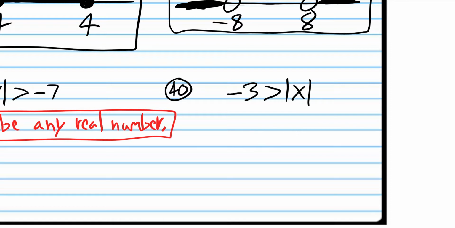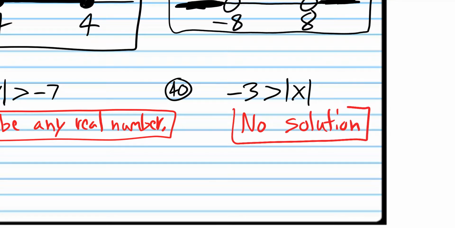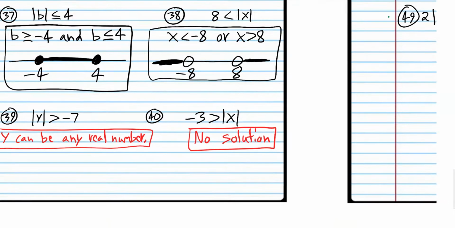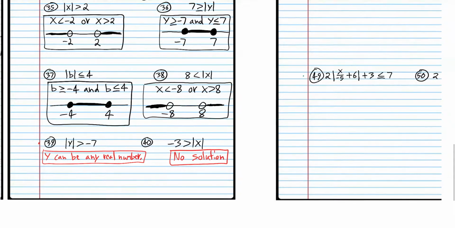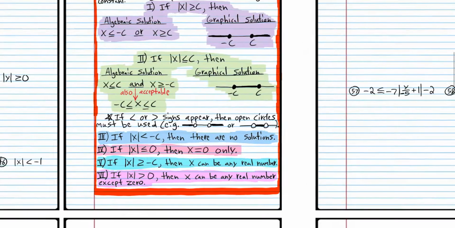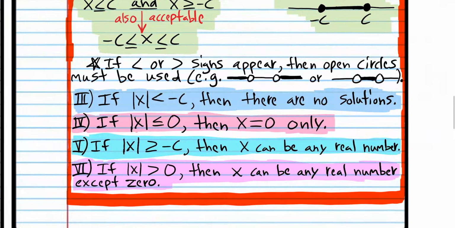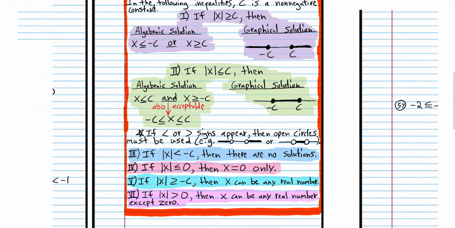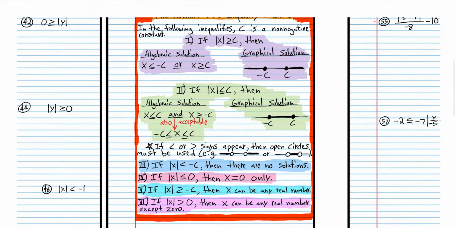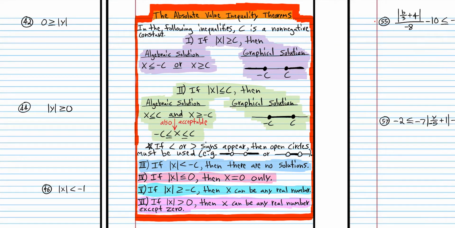So the answer is no solution. So these are just some special cases that you may see. And that situation, when the absolute value is less than a negative, that's this situation in blue, where there are no solutions. So again, this screenshot is your salvation. Again, you can get a screenshot of that if you need to, if you didn't get one already.